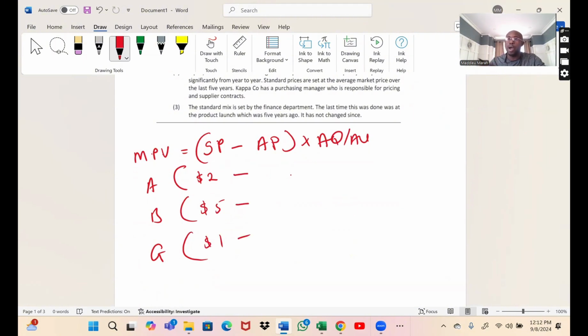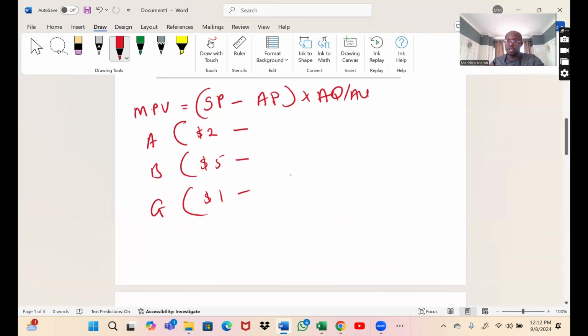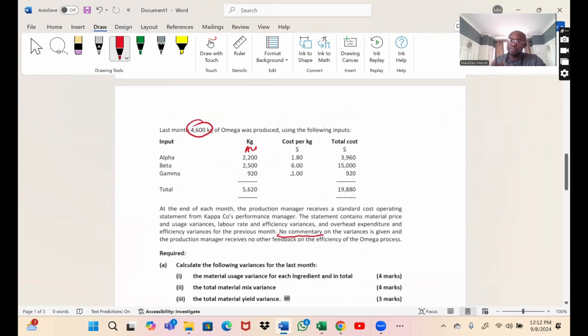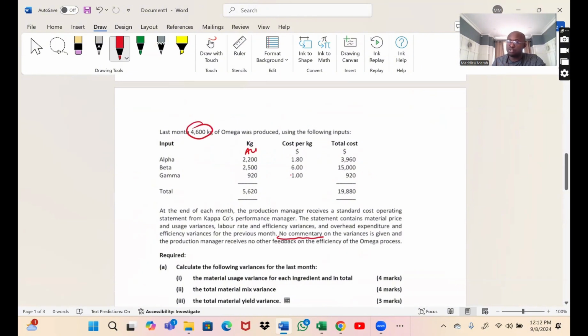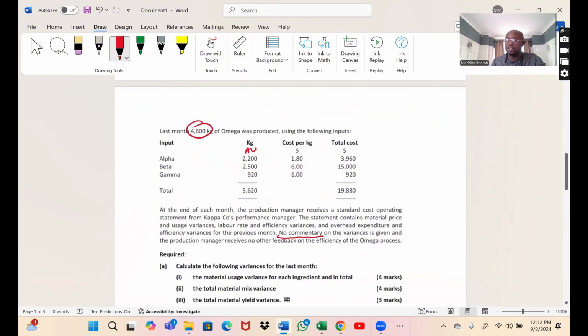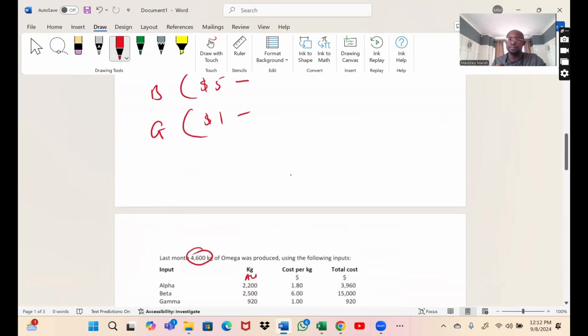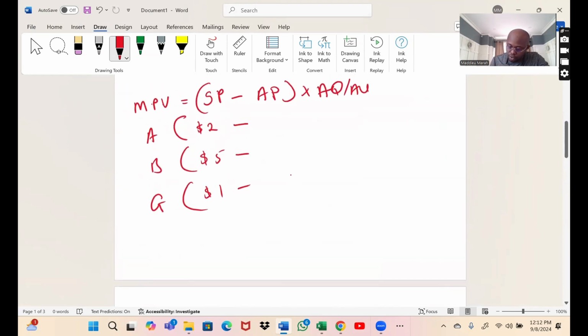What's my actual price? Let me go to my actual result now. Actual price, cost per kg: I have $1.8, $6, and $1.